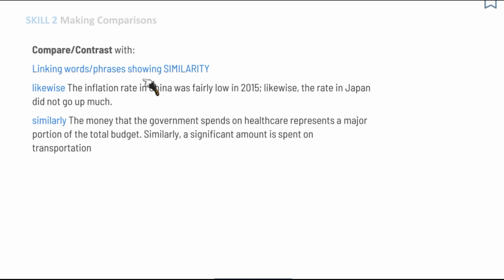Okay, so first, let's talk about linking words and phrases that can be used when we talk about similarity. Sometimes we are describing similar trends or similar amounts, similar numbers, and for these situations you can use words like likewise, have a look at the example, or similarly, also have a look at the example.